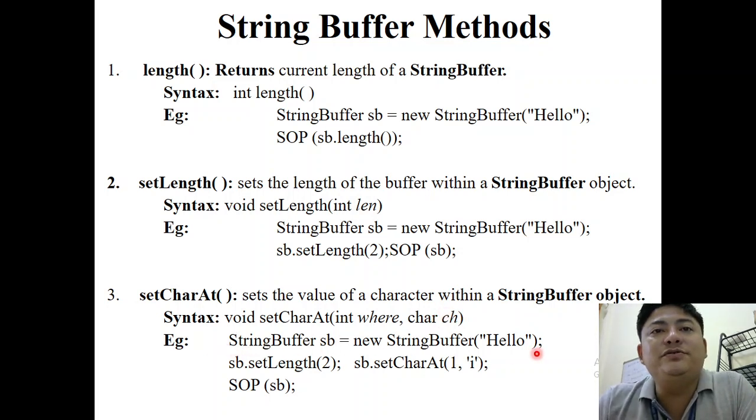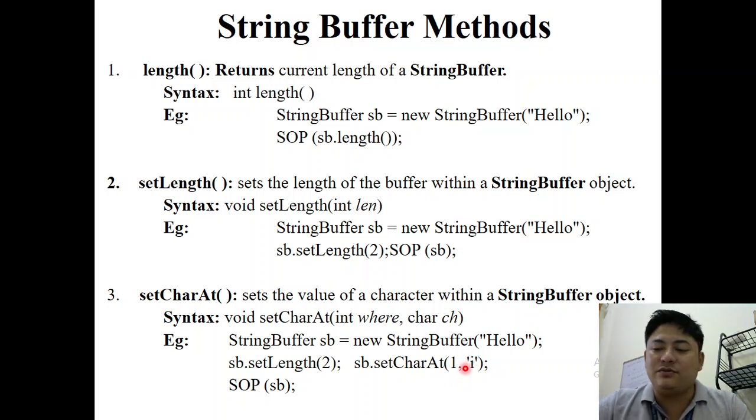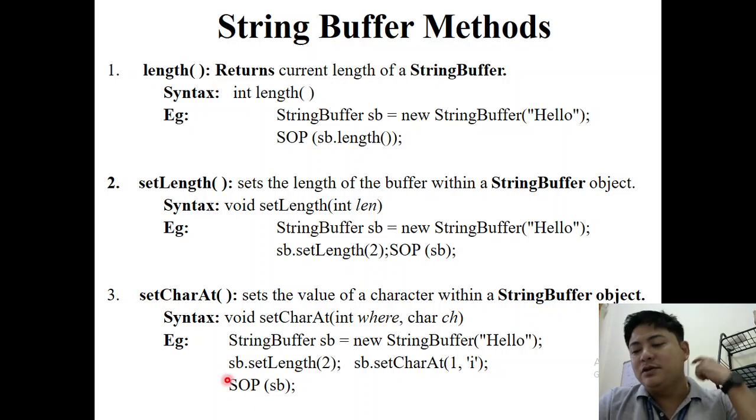StringBuffer sb = new StringBuffer("hello"). Then you have set the length to 2, so from the first L onwards, the characters get truncated, and you will have H and E in sb. Then using sb.setCharAt(1, 'I'), you refer to location 1 of this sb object and replace whatever is there by I. So you will get HI. When you perform SOP, it will display HI.